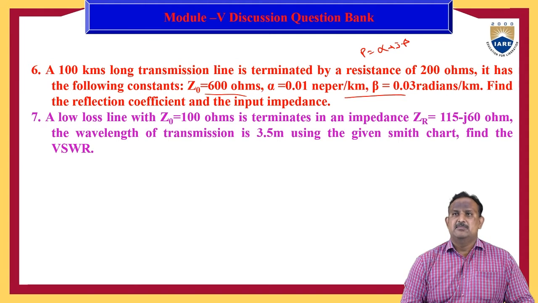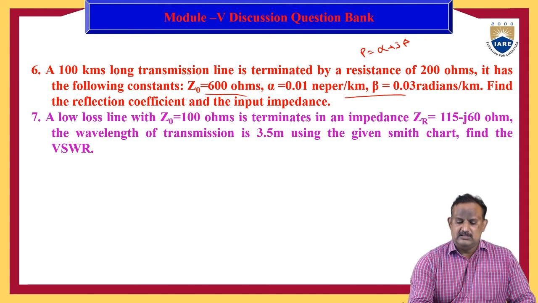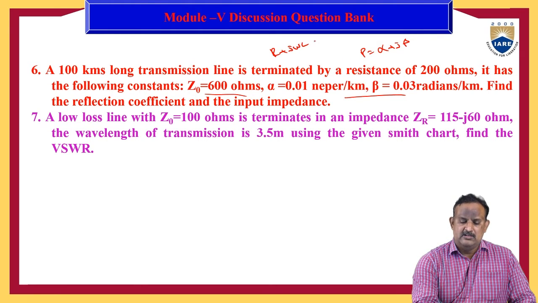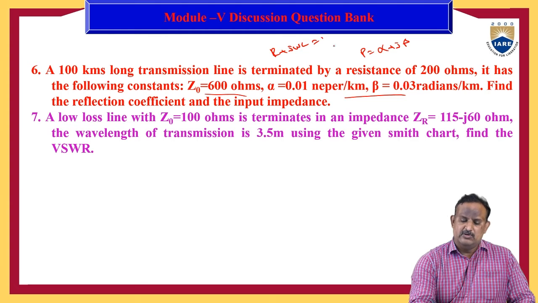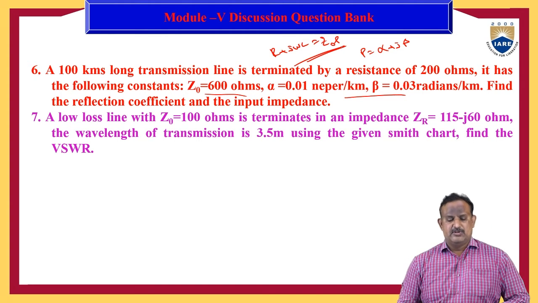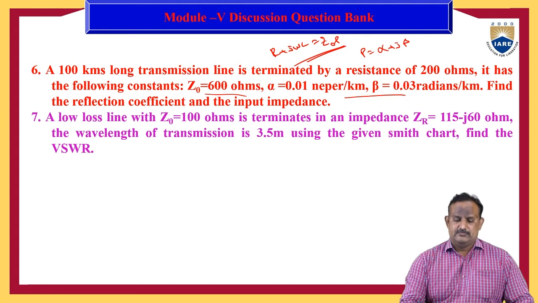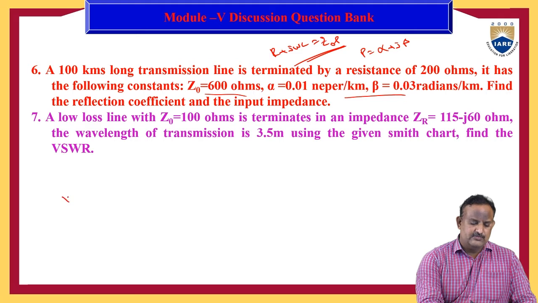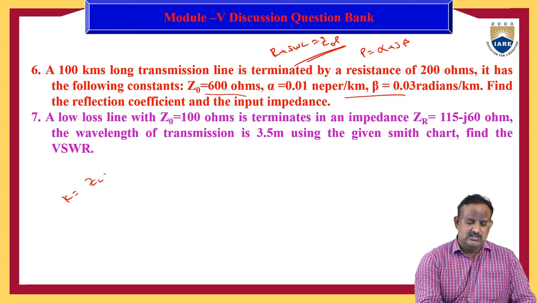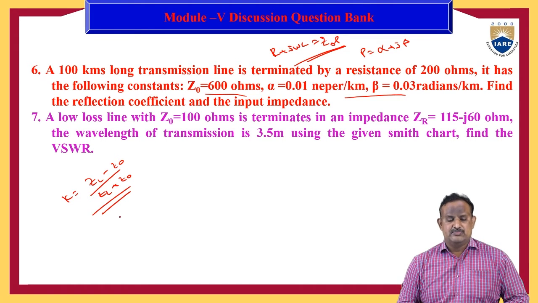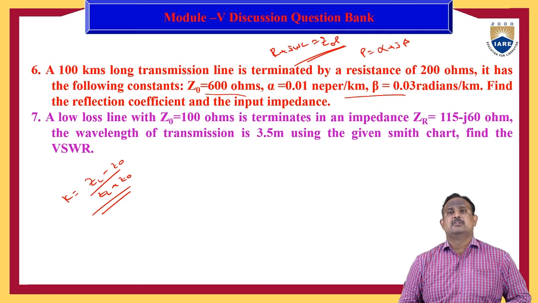The input R plus j omega L is equal to Z0 into P, and from this we can find the input impedance. Then we have the formula for the reflection coefficient K equal to ZL minus Z0 by ZL plus Z0, and from this we can find the reflection coefficient and input impedance.